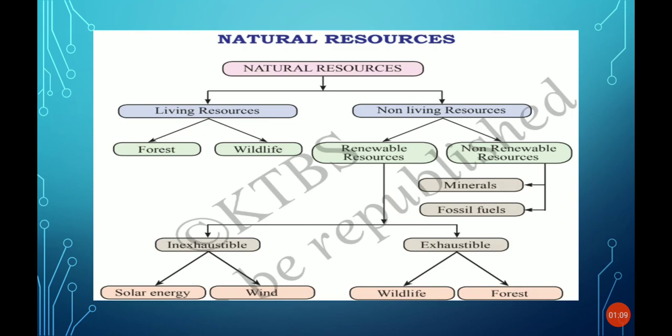Inexhaustible resources can't be used up completely. So exhaustible means we can use them up completely, and to regenerate these things it takes a long time. Let's see some video visuals for better understanding.